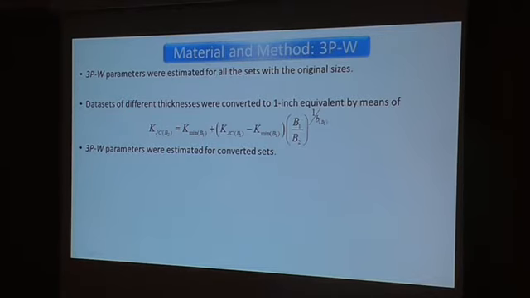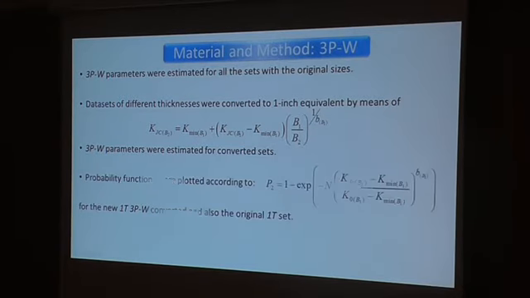Also, the three-parameter Weibull parameters were estimated for the converted sets. And the probability functions were plotted according to this equation for the three-parameter Weibull converted, and also for the original 1T set. And also they were compared.